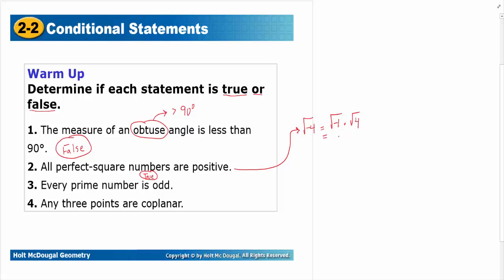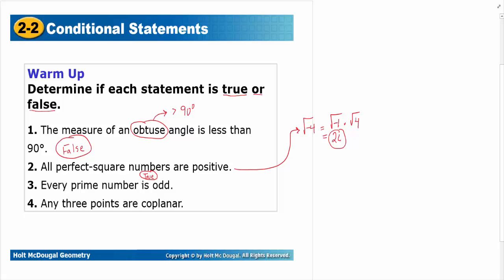What we do is we call it i, it's imaginary. So the square root of -4 would be 2i, since the square root of 4 is 2. We'll talk about it later, you'll see it later in Algebra 2. But anyway, number two is true. All perfect square numbers are positive. If they're negative, you get i.